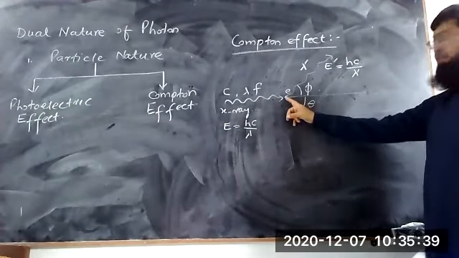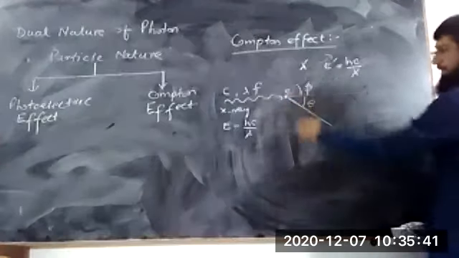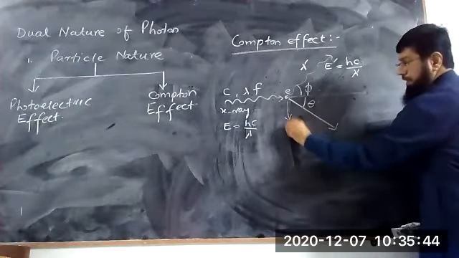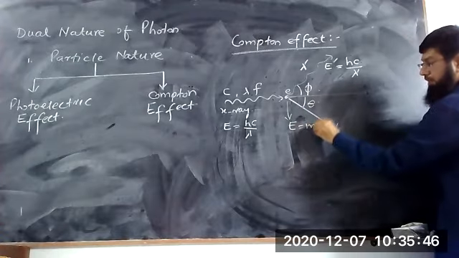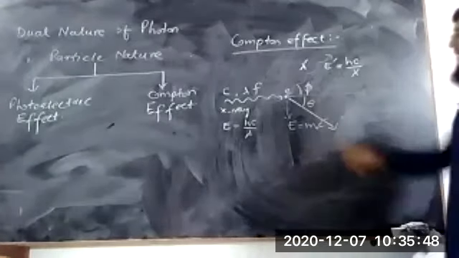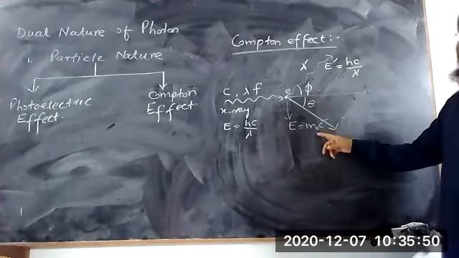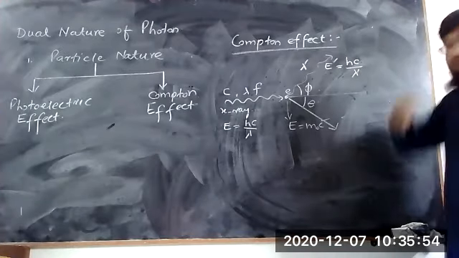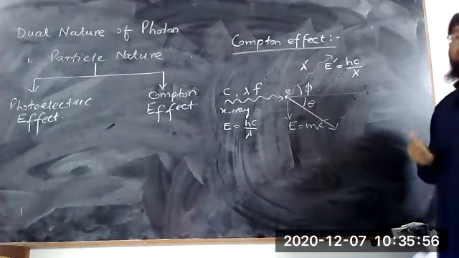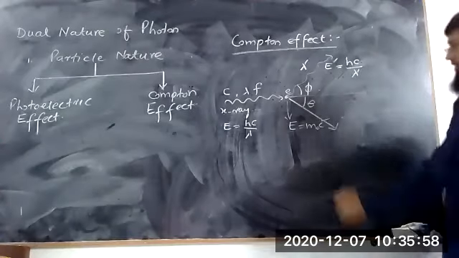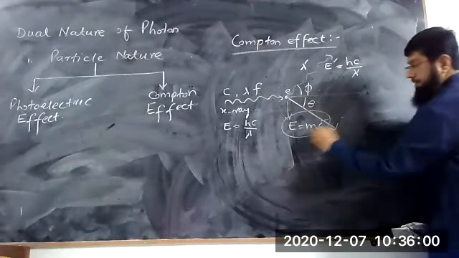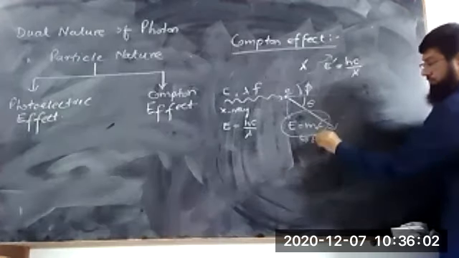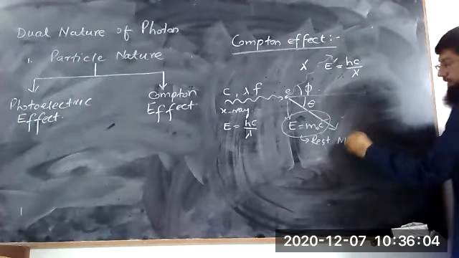The electron initially was at rest, so its energy is E equal to m naught c square, which we call the rest mass energy. When the particle is at rest, its energy is never zero; its energy is known as the rest mass energy.